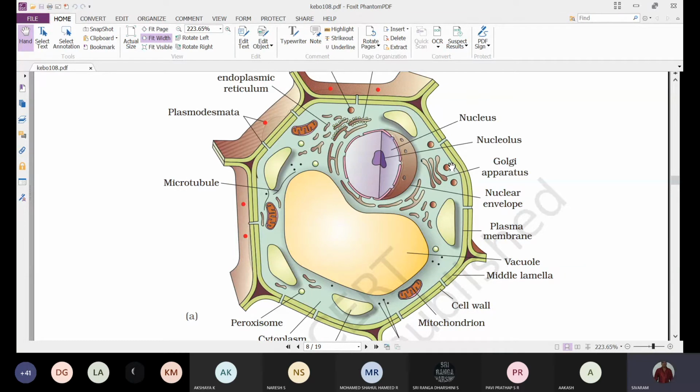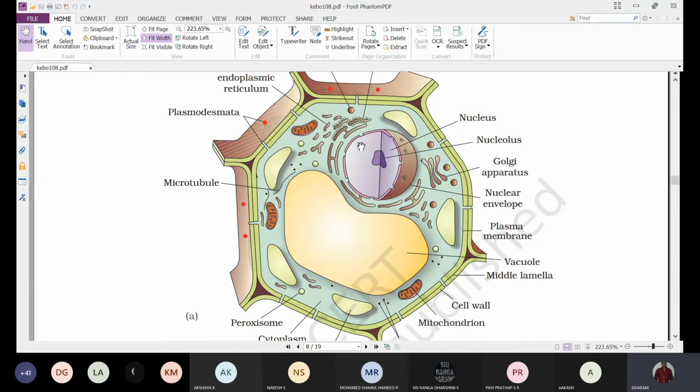Next, inner to the plasma membrane, we'll find the cytoplasm. This is all cytoplasm, and this is the nucleus, which is surrounded by the nuclear envelope or nuclear membrane. The centrally concentrated dark colored region we call a nucleolus, and this whole region we are calling the nucleus.